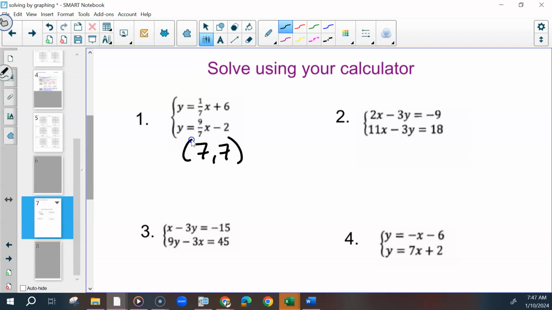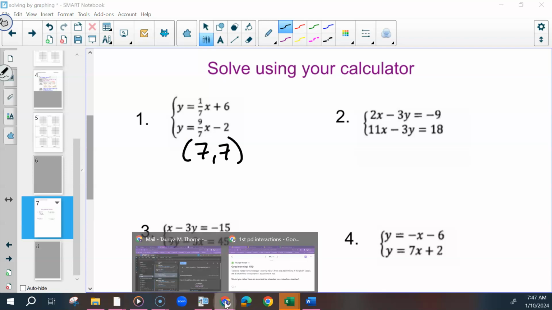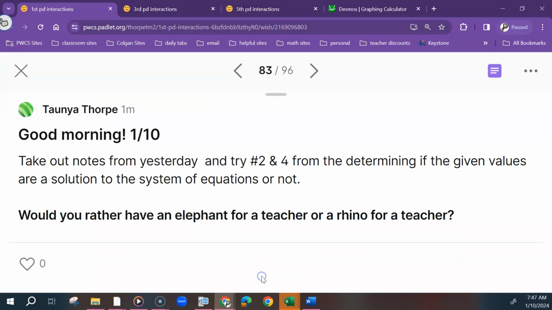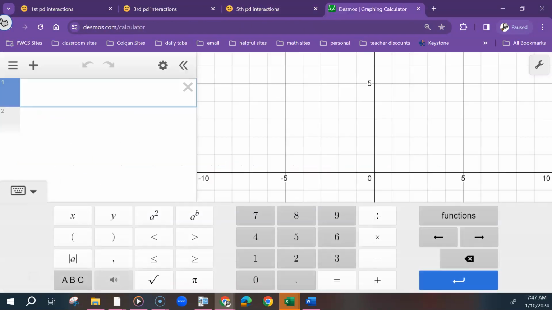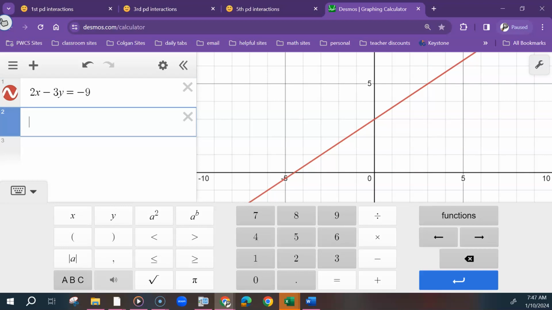Okay. Then I'm going to do number 2 in Desmos. You can do this when you start to practice. So in Desmos, you don't need to solve it. You can put these in exactly as is. So I'll put in number 2, 2x minus 3y equals -9, and 11x minus 3y equals 18.